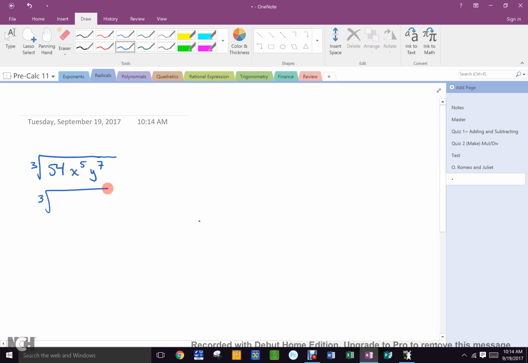I need the cubed root of 27 times 2. Everyone's okay with that, right? Which is the cubed root of 3 cubed times 2. Everyone's okay with that, right? Which is the cubed root of 3 times 3 times 3 times 2. Everyone okay?